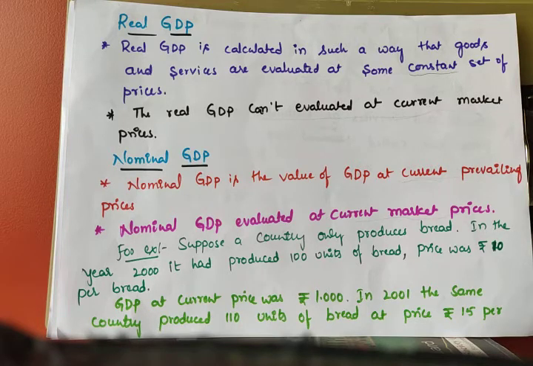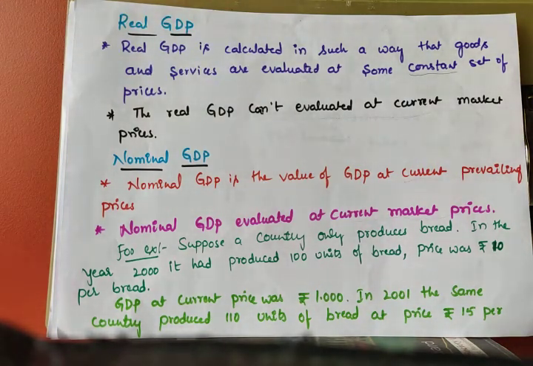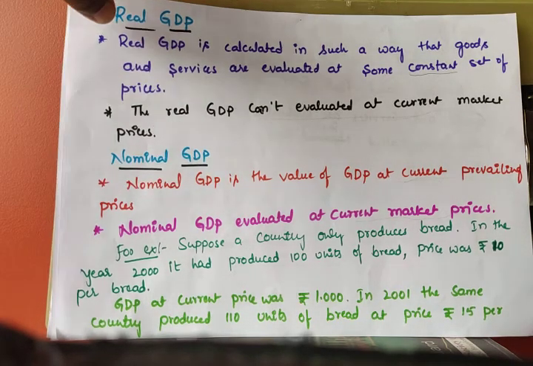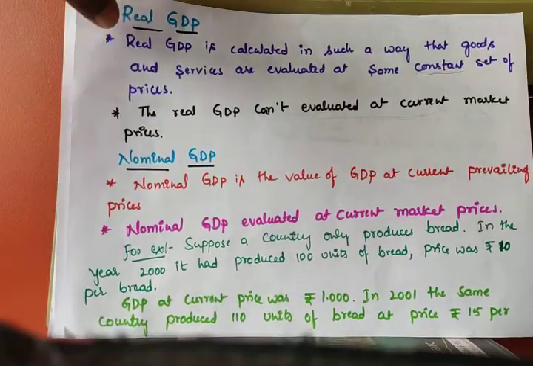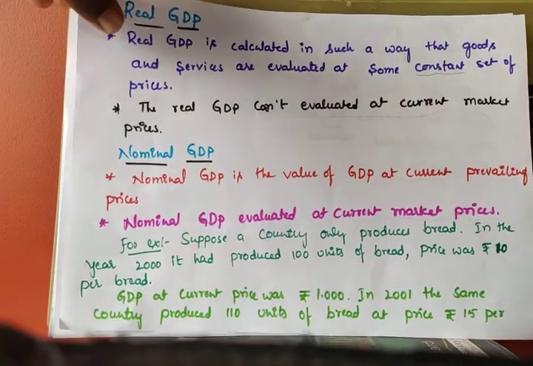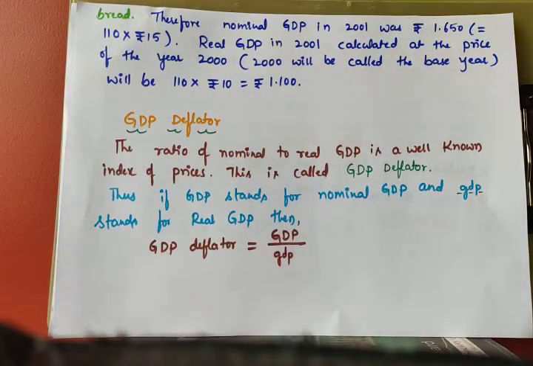Then in the year 2001, the same country produced 110 units of bread, and the price was rupees 15 per bread.